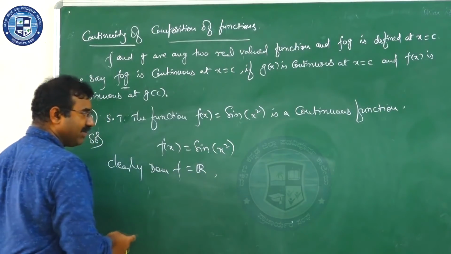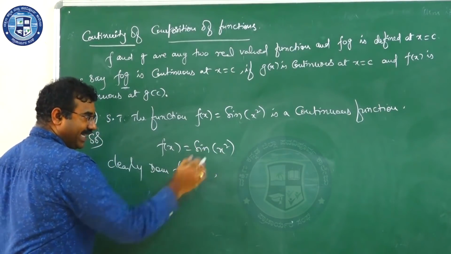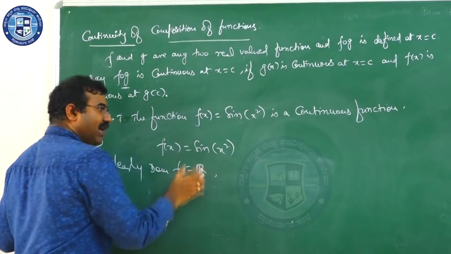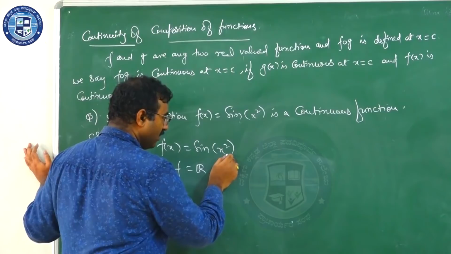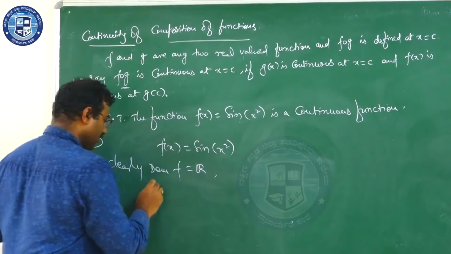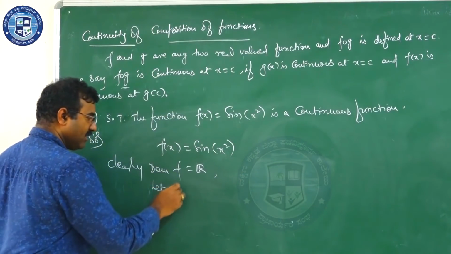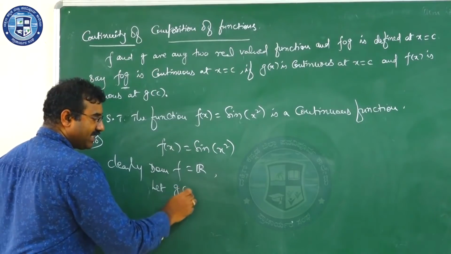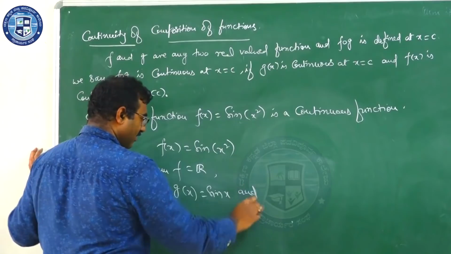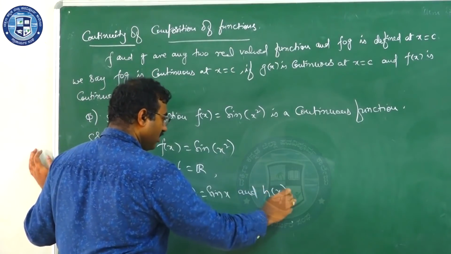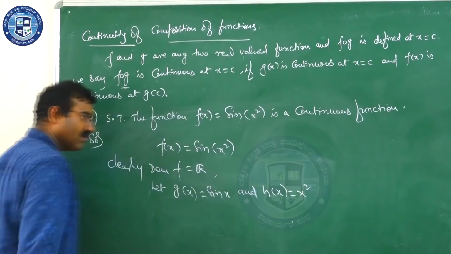Next, what I do is I'll take this function as a composition of two functions. Let g of x is equal to sin x, and h of x is equal to x square, I take it.